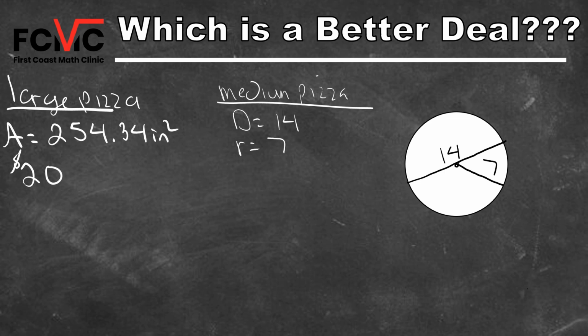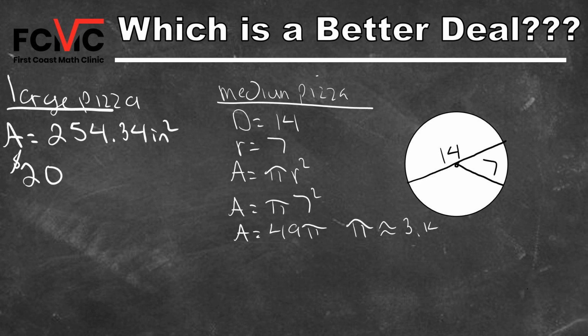So let's figure out how much pizza we're getting here. So again, we want to use our area formula, pi r squared. So area equals pi times our radius 7 squared. So area equals 49 times pi. And then for pi, we're going to use 3.14. So area equals 49 times 3.14.